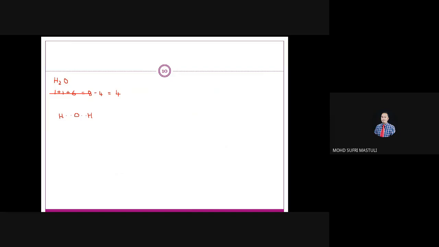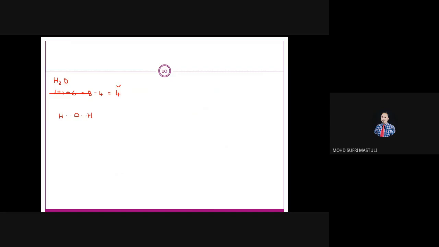It's already full with its 1, and this hydrogen also cannot achieve octet, so the maximum is 1. So it means these 4 valence electrons we have to distribute on the central atom.